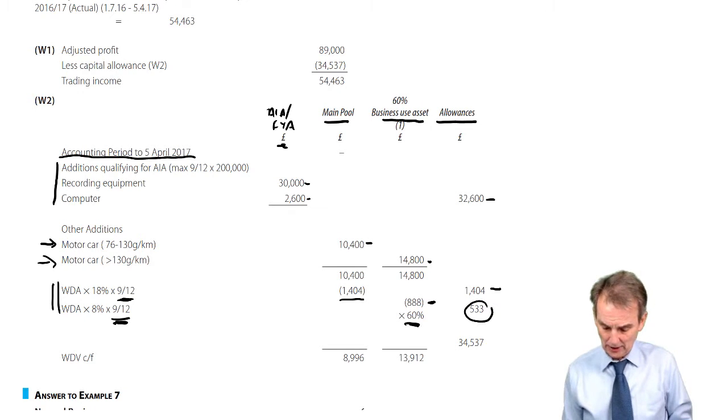And that figure transfers across into our allowances column. What we've done, of course, as well we know, we've reduced the expenditure of 14.8 by £888, but only got to claim £533 in the form of capital allowances there.